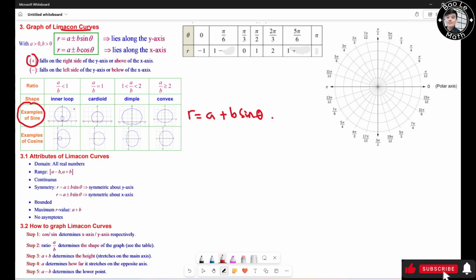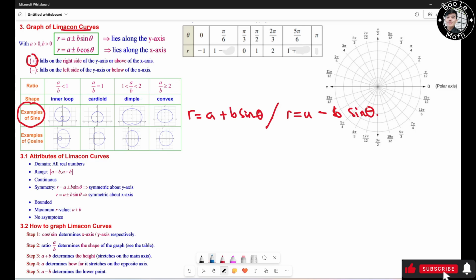Now, if you have r equals a minus b sine theta, you just flip this over the x-axis, which means it falls below the x-axis.